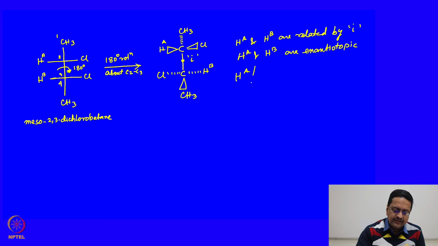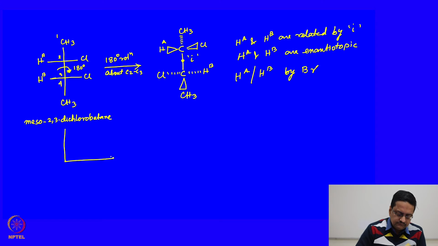HA or HB one after another by bromine. So, at first, if we replace HA by bromine and leave HB as it is, we get this molecule.